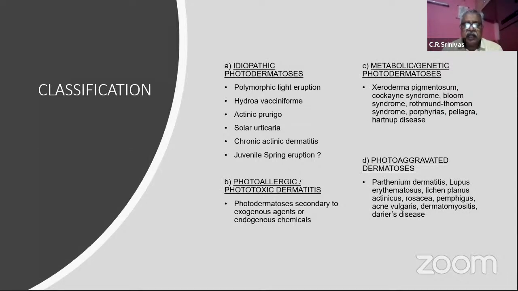So these are the conditions. The idiopathic means we do not know the cause. Of that, most important is the polymorphic light eruption. And others are the variations of that to some extent, like hydroa vacciniforme, actinic prurigo, solar urticaria, chronic actinic dermatitis. Juvenile spring eruption is possibly a variation of actinic prurigo, so I won't be discussing. Some people give importance to that, some people don't.